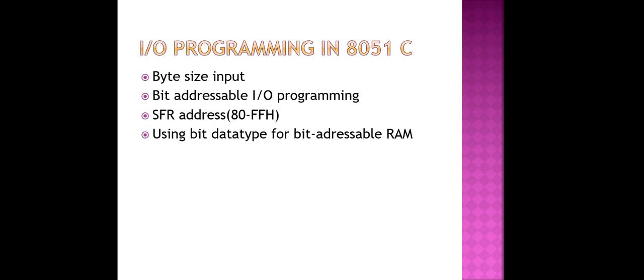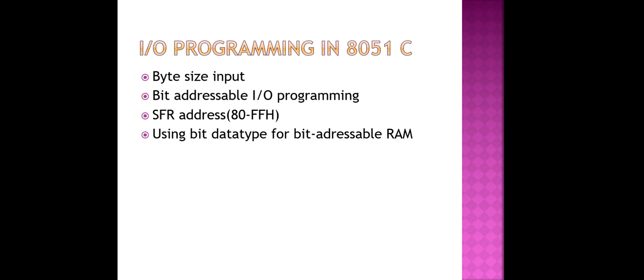Then next is the SFR address. The SFR address is in the RAM space, 80H to FFH, using the SFR data type. It is a single bit of any SFR if we specify bit addressable programming.